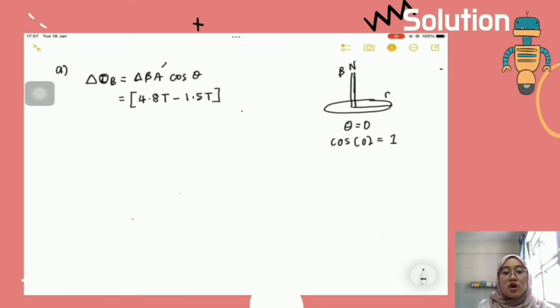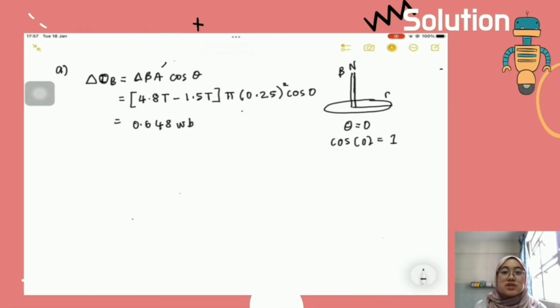The area is a circle, pi r squared, so the radius needs to be changed to meters first, which gives 0.25 square meter, times cosine 0, which we already know is 1. Thus the change in flux will be 0.648 Weber. So that's the answer for part A.